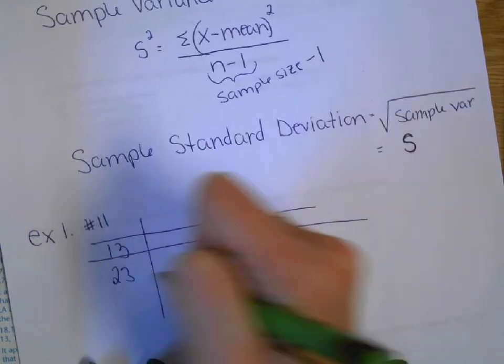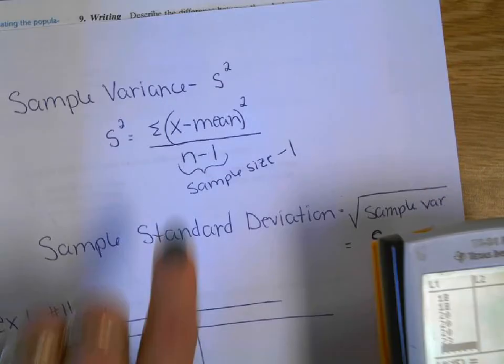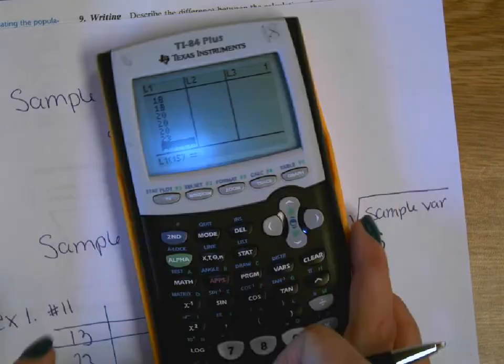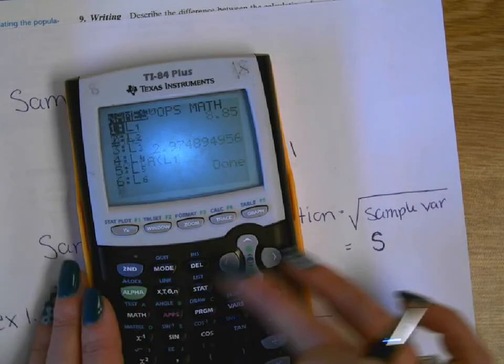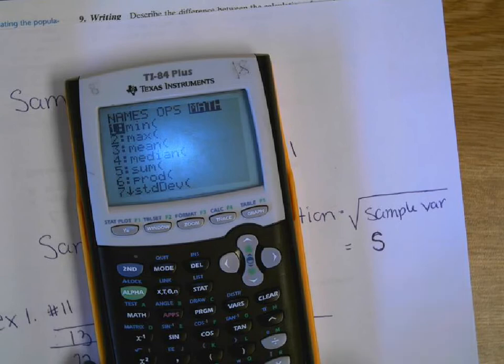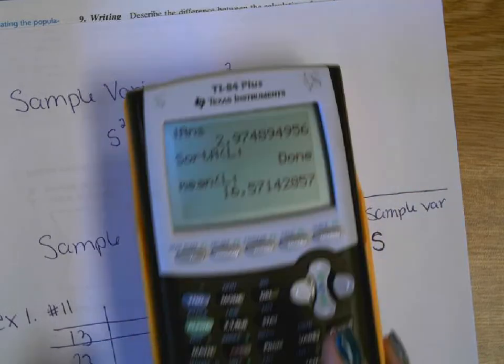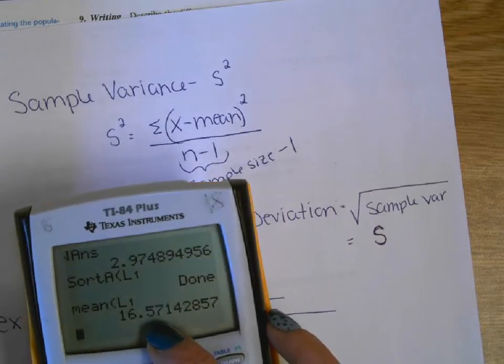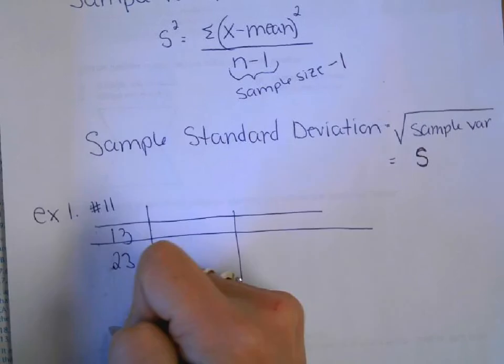And 23. Then I have to find the mean. Here's my formula. I got to find the mean. So you're going to quit. Let the calculator do the work. Mean 16.57. I think 2 places out should be pretty good to matching what's in the book. And write that down somewhere.